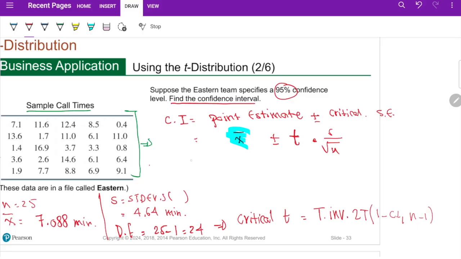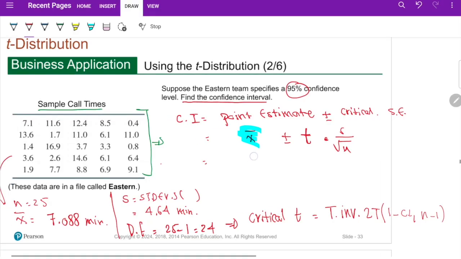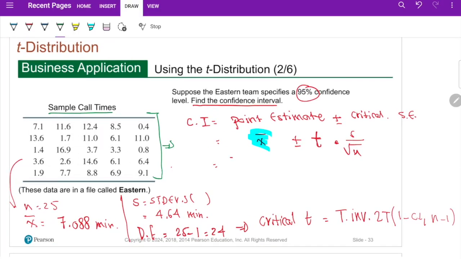So let me plug all of these here. So what we get, x bar is 7.088 plus or minus the t, which is T.INV.2T of 1 minus 95%, comma 25 minus 1, times the standard deviation. Oh, sorry, it's 4.64.